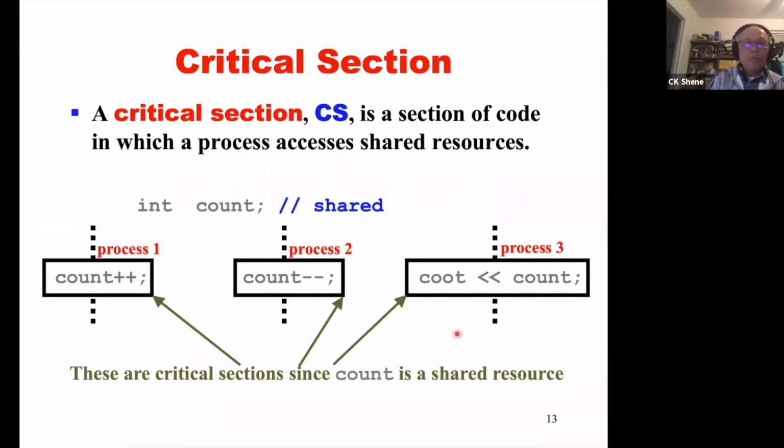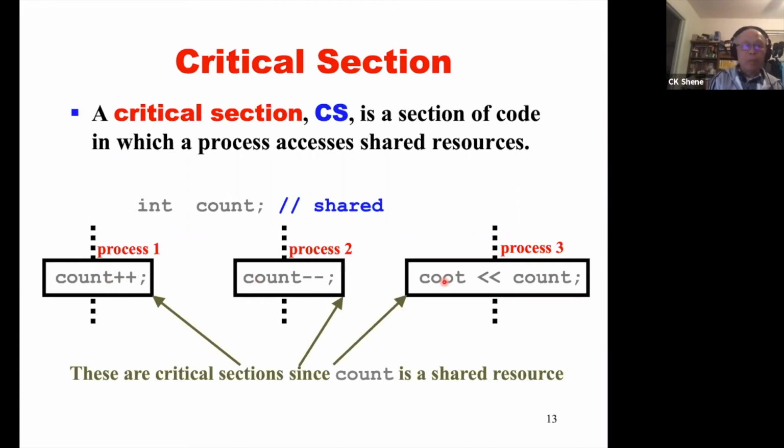So in these 3 processes, each of which has a statement that accesses this shared resource, these are critical sections, because count is a shared resource. And in each of these, the process accesses the common or shared resource.